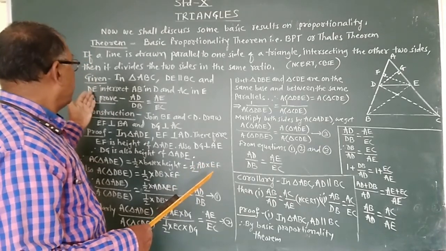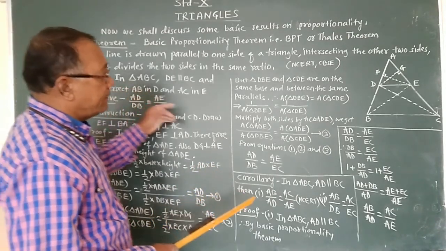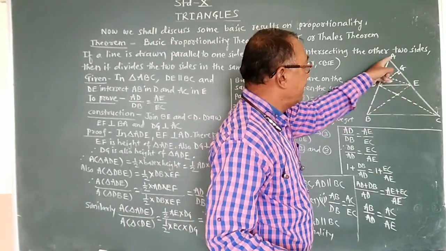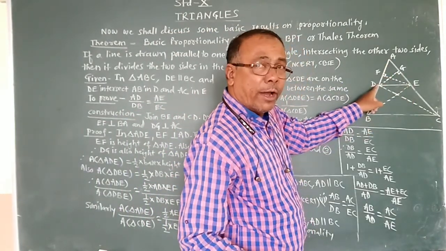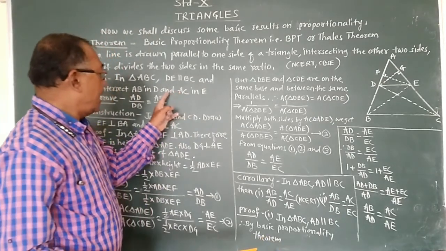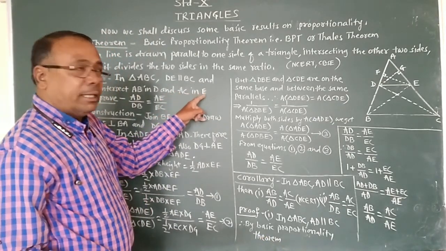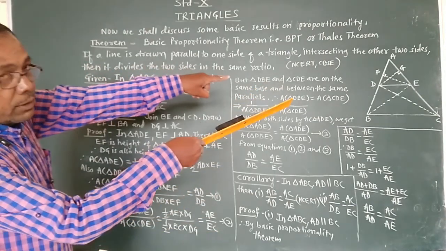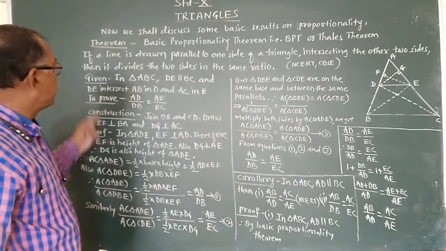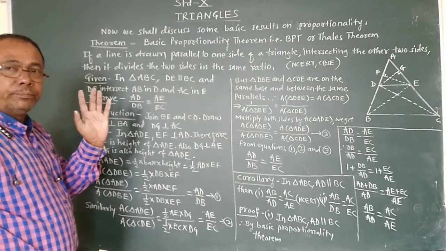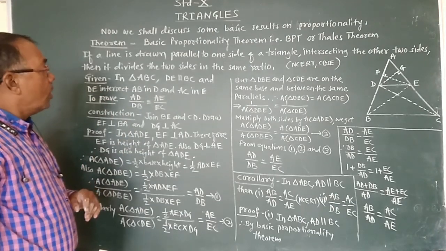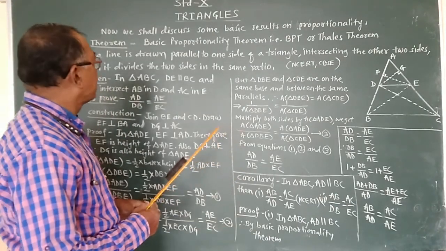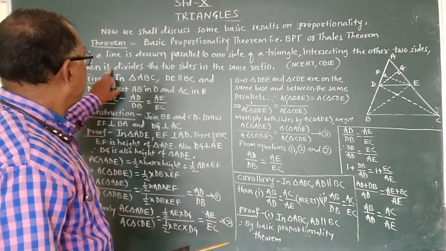Again, given that DE intersects AB in the point D, and AC in E, so this information of the diagram or figure is known as the given. And now we have to prove that it divides.